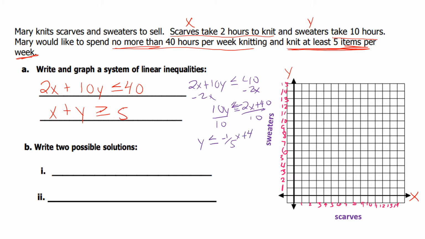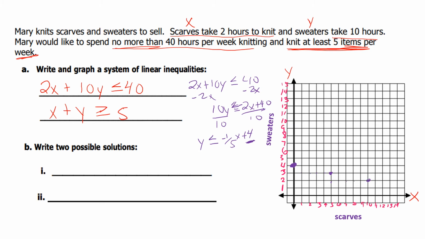All right, so let's go ahead and graph this. So 4 is my y-intercept. So I'm going to go up to 4 on my y-axis. My slope is negative 1/5, so I go down 1 and to the right 5. And I'm going to try it again, down 1 to the right 5. 1, 2, 3, 4, 5.